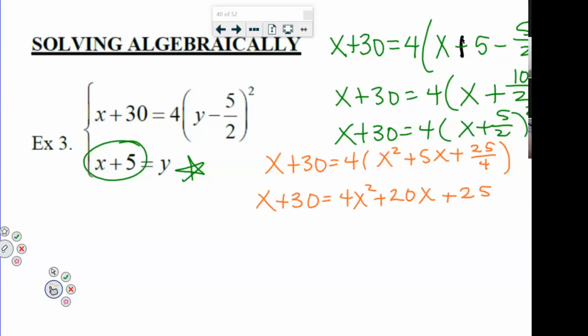Okay, listen, we're not like finding x-intercepts, but we are solving a quadratic. And every time you solve a quadratic, it has to be set equal to 0. Yep. So let's push that x and that 30 over. Minus x minus 30.